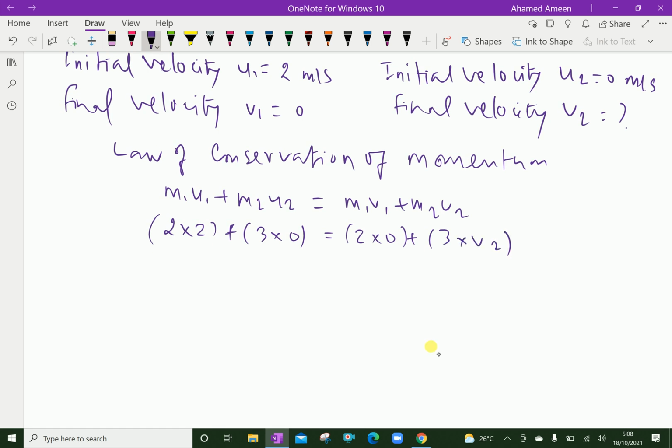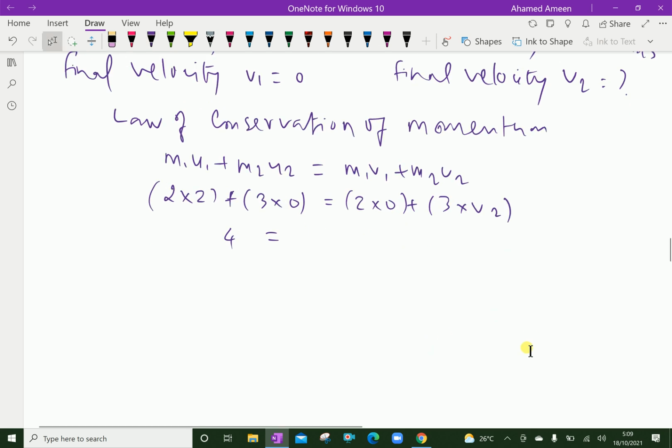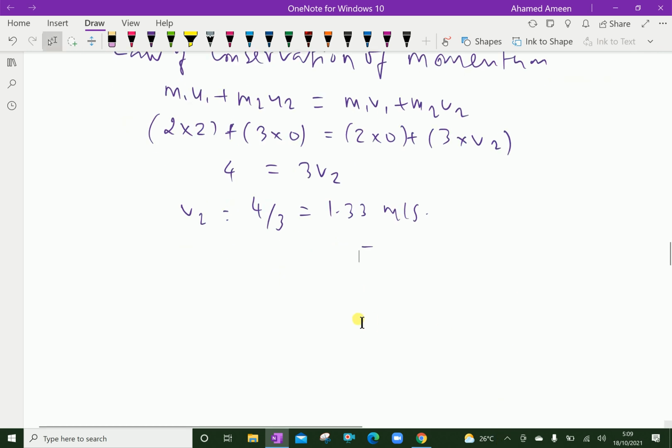Here 2 twos are 4, 3 into 0 is 0, so 4 equals 2 into 0 is 0 and 3 v2. Then v2 equals 4 over 3, equal to 1.33 meters per second.